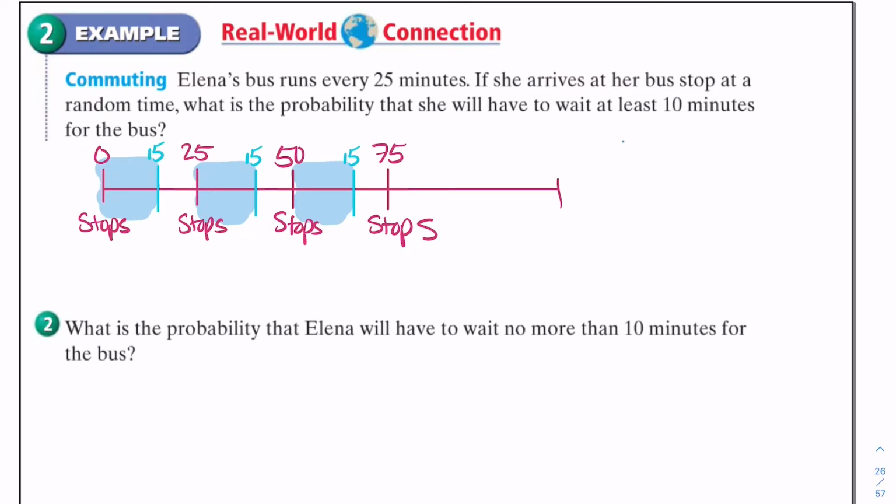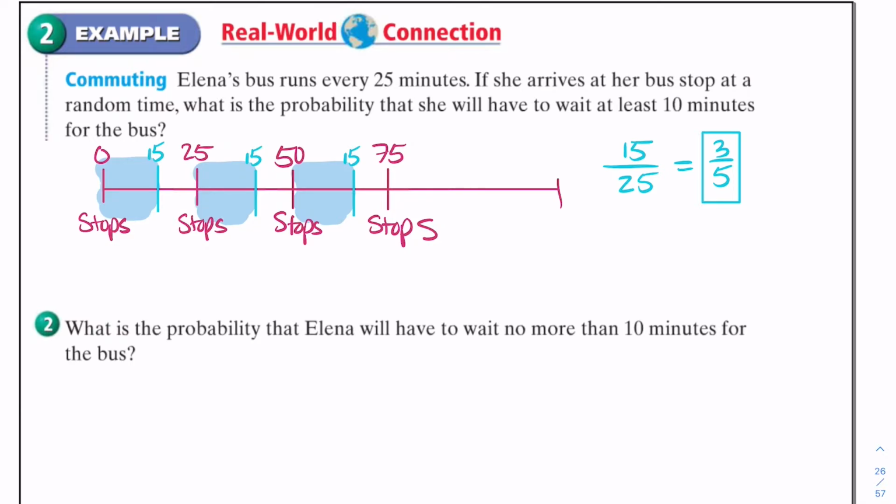So from 0 to 15, she's waiting. And there's a total of 25 minutes of one stop. So it looks like 5, 10, 15, 20, 25, 3/5 of the time. The probability is 3/5 of the time she'll be waiting at least 10 minutes.